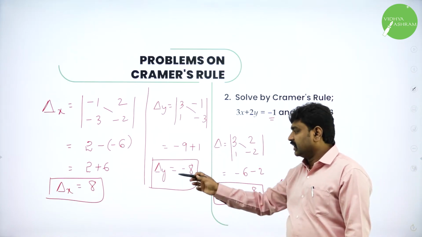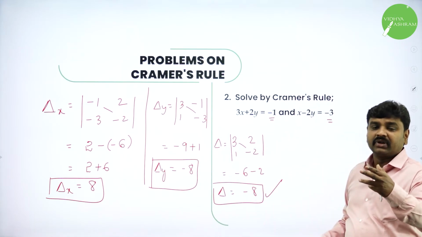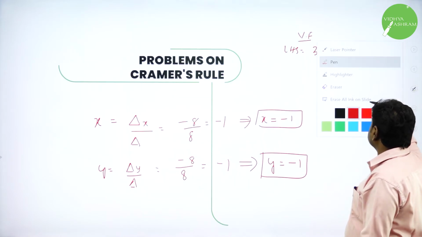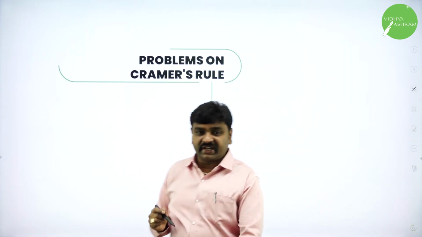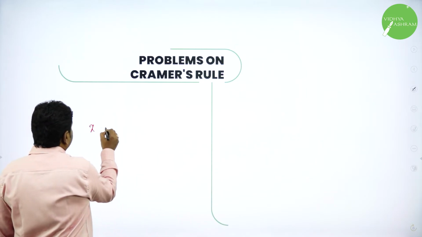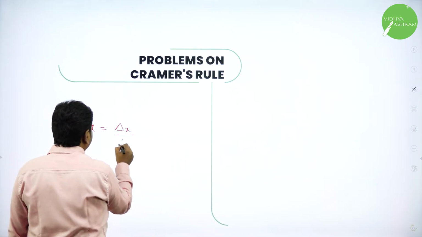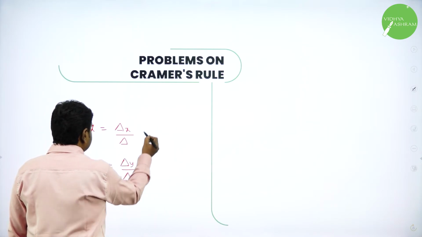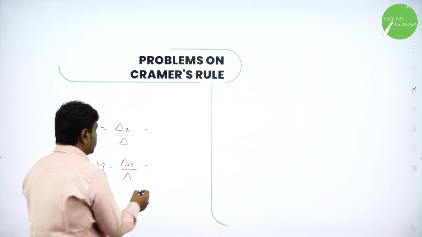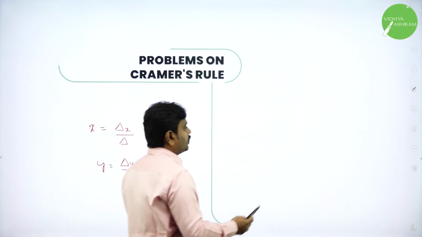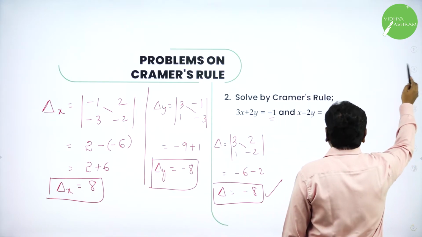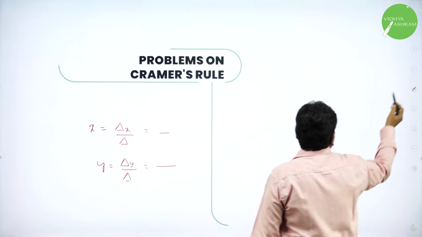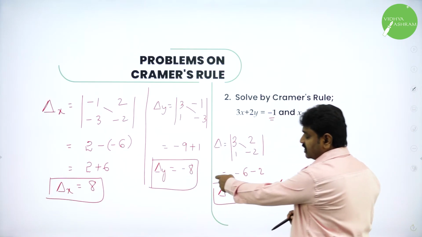After getting delta, delta x and delta y, we go for finding x and y. All of you know how to find x. X is equal to delta x by delta. Y is equal to delta y by delta. Now substitute the values carefully and you will get the answer. Delta is minus 8, delta x is 8, delta y is minus 8.